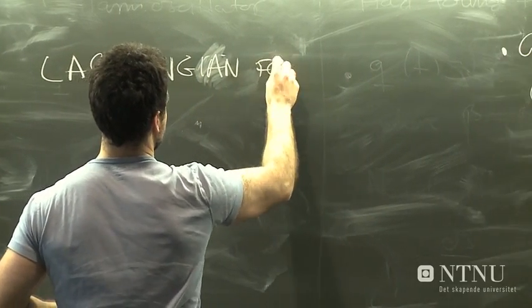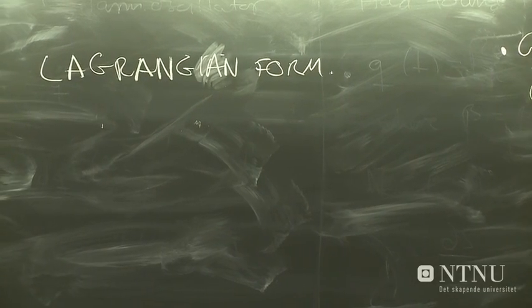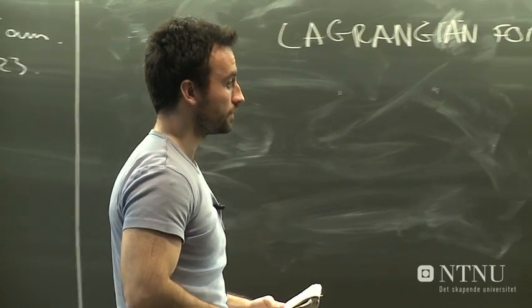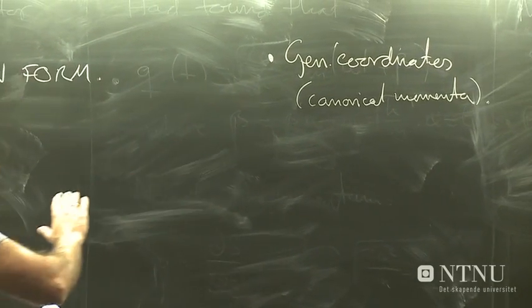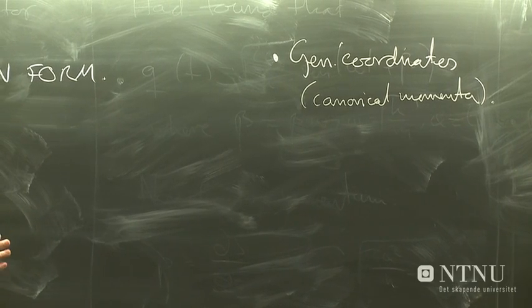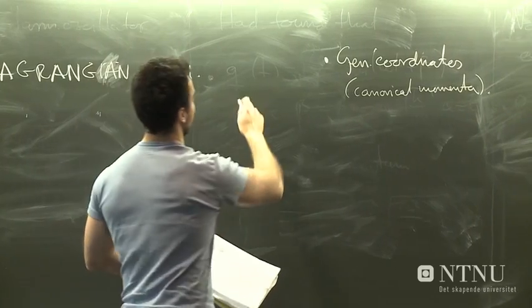Let me write it like this instead. Now, the way that we move between the Lagrangian and the Hamiltonian formalism is by means of the Legendre transformation.